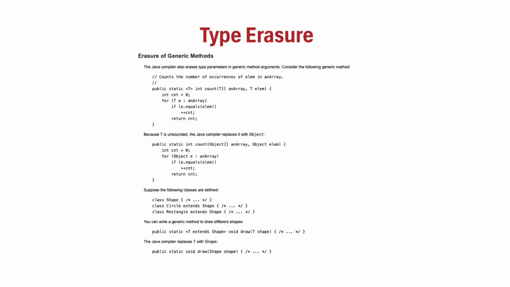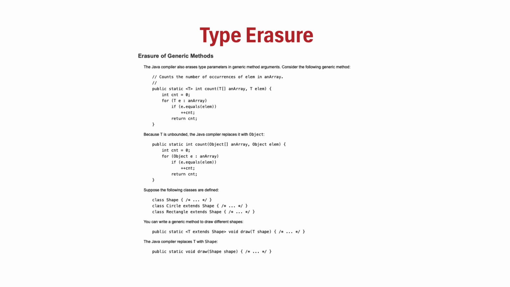And here is another example of how it happens. If you look at this piece of code, we have a count method which basically counts the number of occurrences of an element in an array, where we are passing a generic array of type T and then an element of type T. Internally we are looping through and checking the count for that type T. Since in this case T is not bounded, it can be anything.